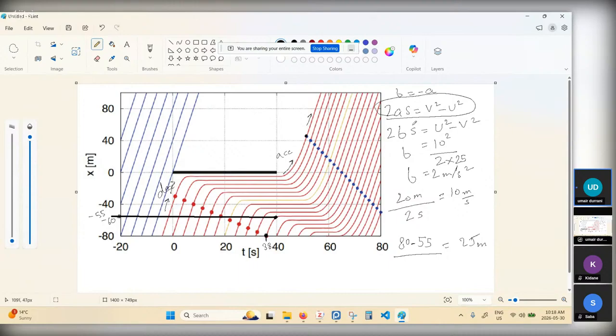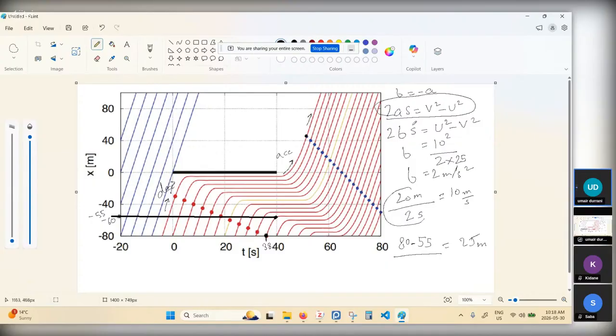And since b is negative a, we rearrange the equation and we get u squared minus v squared. So u squared is the initial speed. In this case, we know that the initial speed is 10 meters per second, because if we take the gradient of this trajectory, that comes out to be 10.